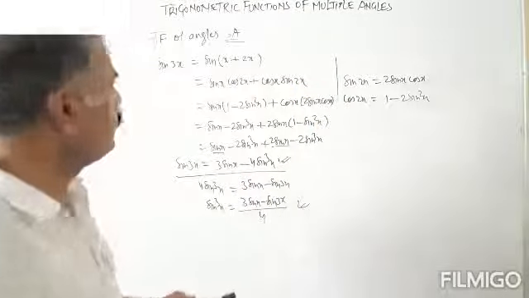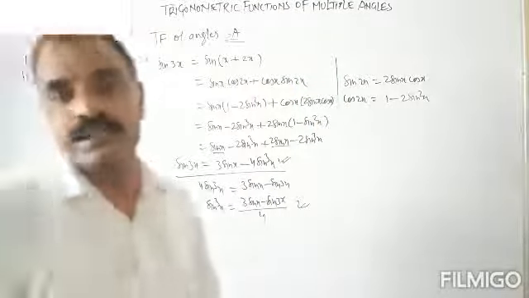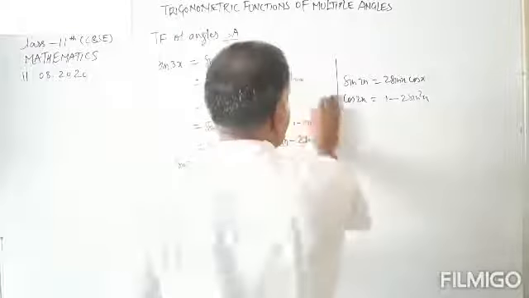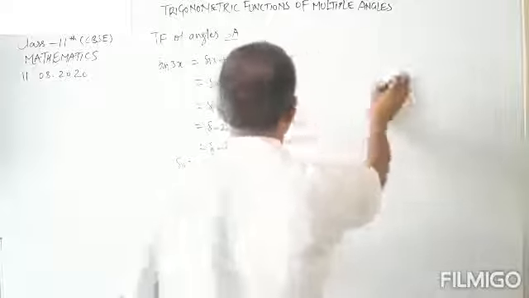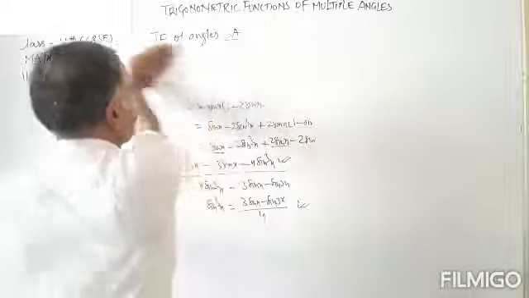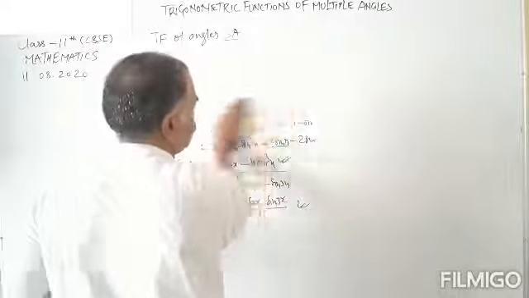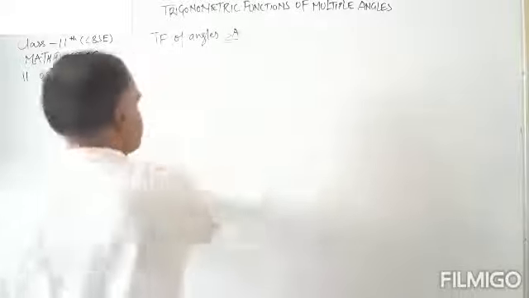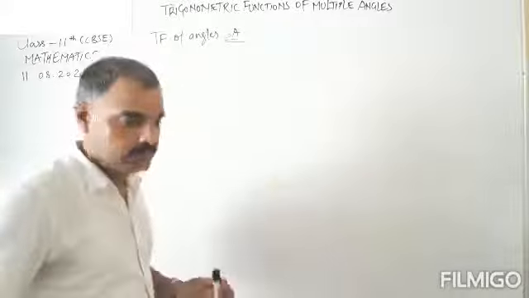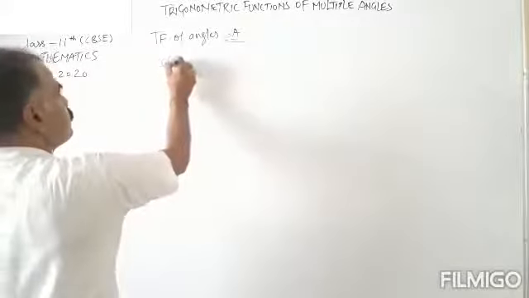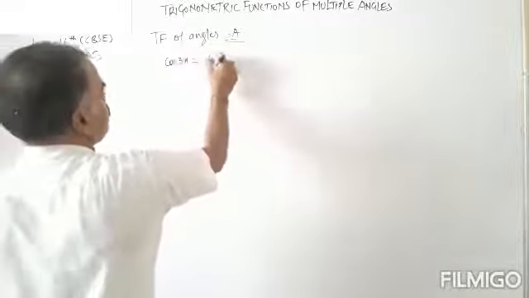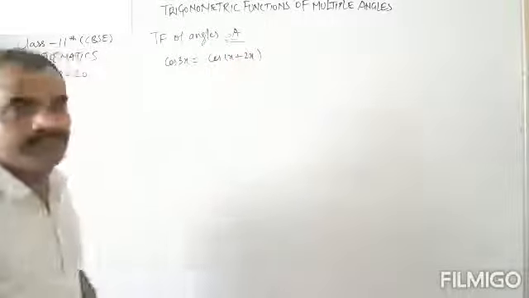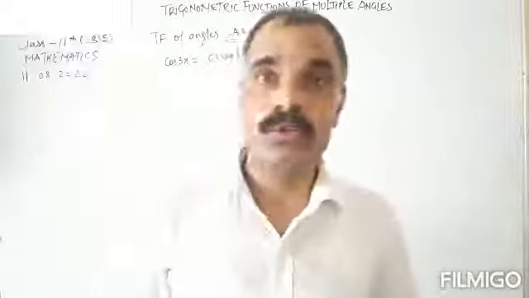Now we will find the identity for cos 3x. So cos 3x is equal to cos of x plus 2x. 3x can be written as x plus 2x.